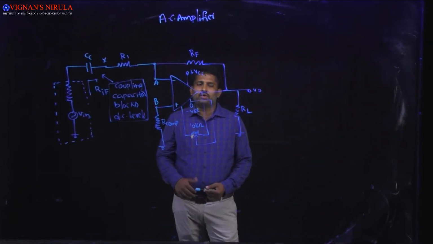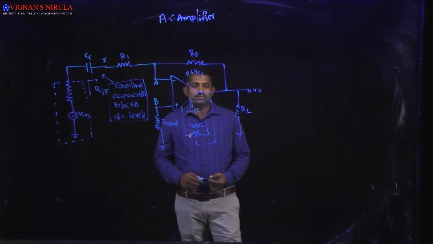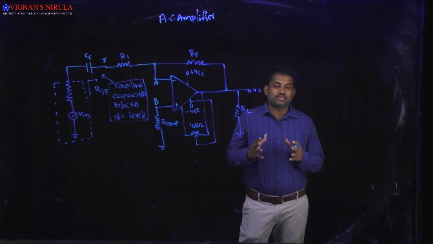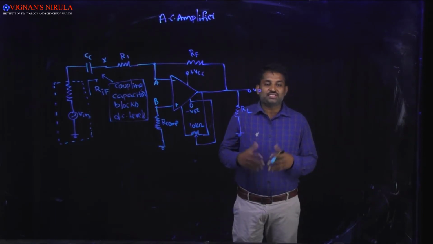Now we are going to discuss AC amplifiers. Before discussing the different types of AC amplifiers, first we have to know what an AC amplifier is. Op-amps respond to both AC signals as well as DC signals.